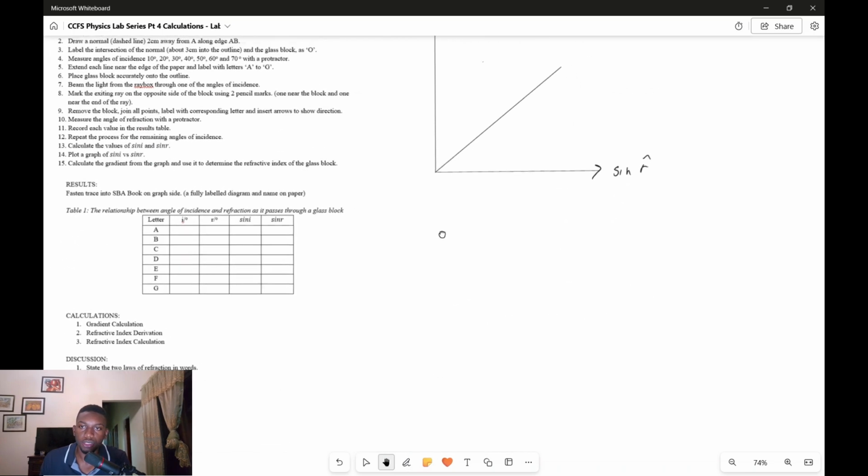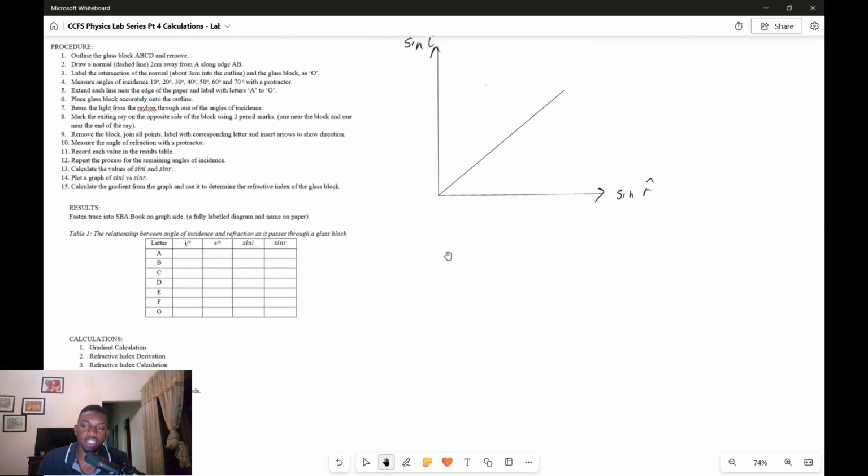All right. So the way that we are going to go about calculating this, we're going to do sine I over sine R is equal to m, equal to the gradient. All right.